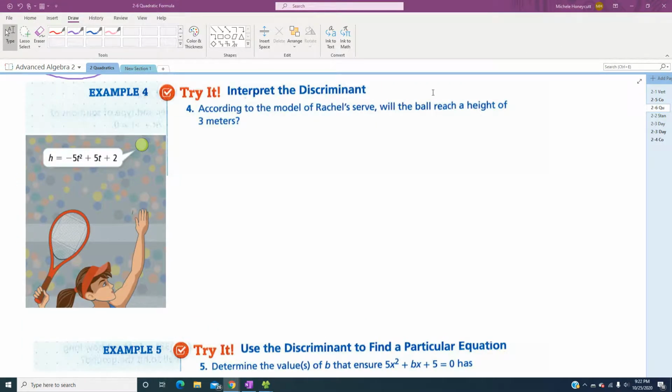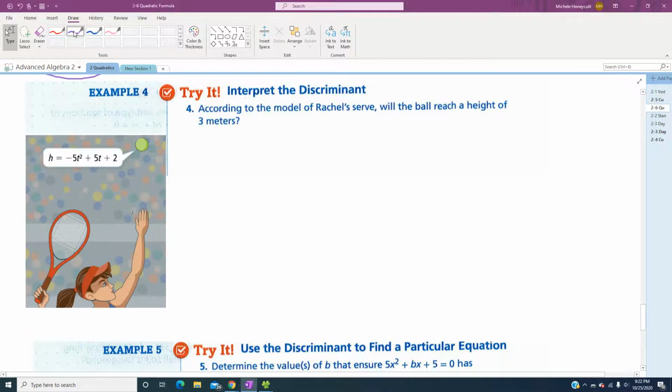In the next example, your workbook is actually missing a little bit of information because it just says, according to the model of Rachel's serve, will the ball reach a height of 3 meters? And they totally left out anything about Rachel or the model.